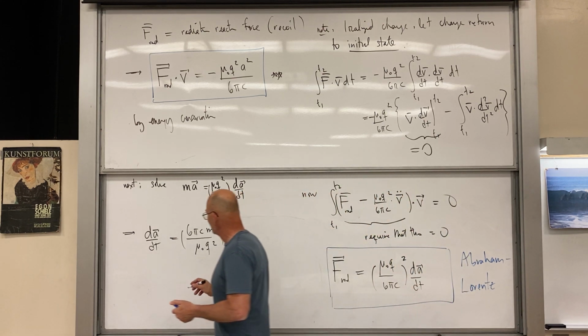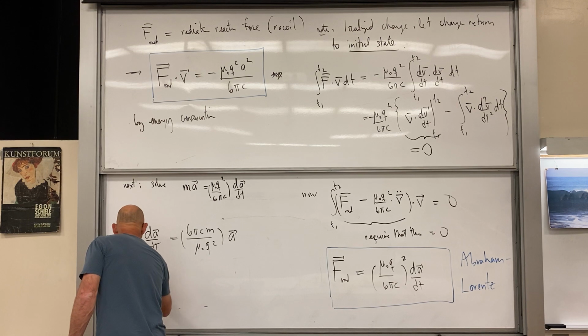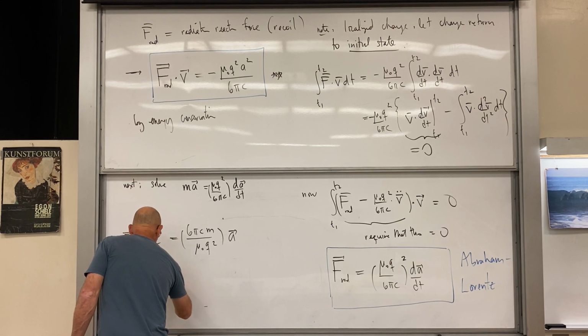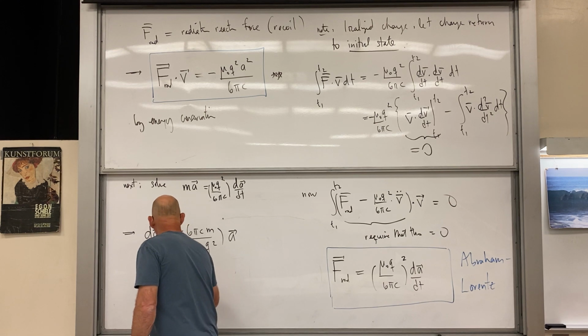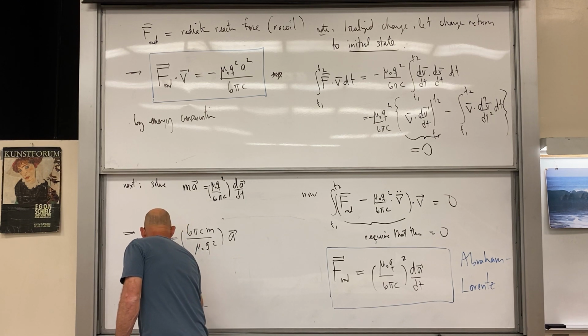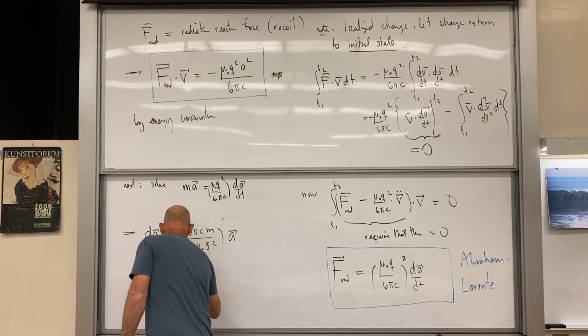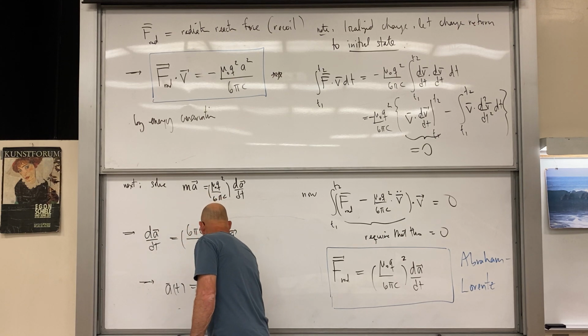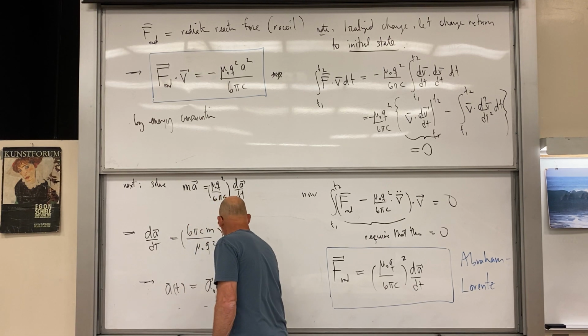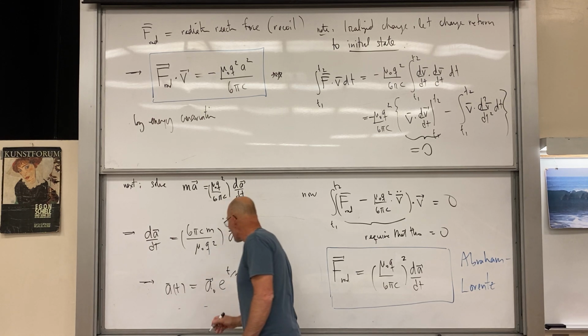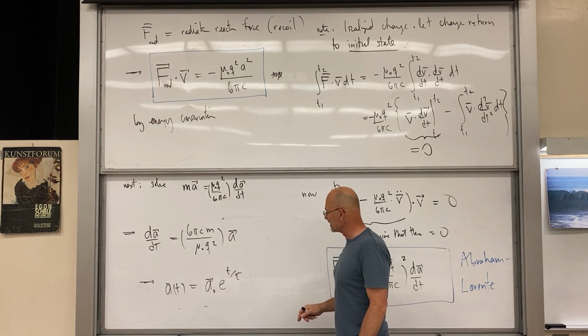So a of t is equal to a0 e to the t divided by tau, where this is just going to be our time scale.